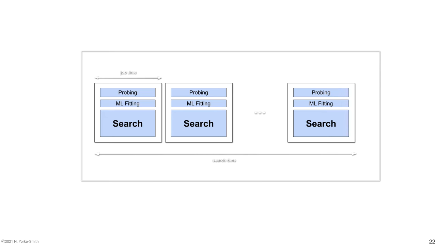We take our search time and we split it into what we call a number of jobs. Each job not only does a restart within the search, like your solver might normally do, we in fact restart the whole procedure. Probing, learning, so fitting the ML model, and then search, just the regular search of G-code, for example.